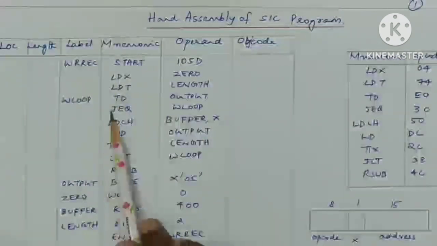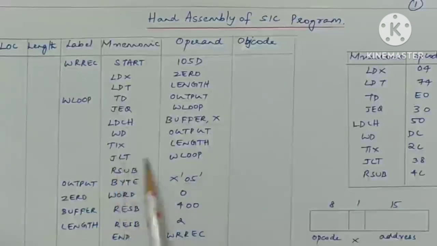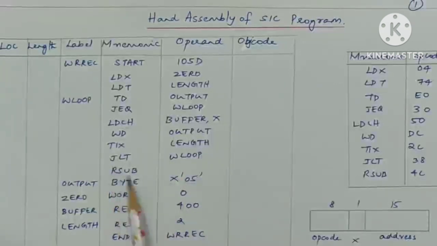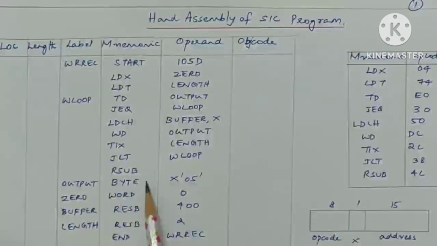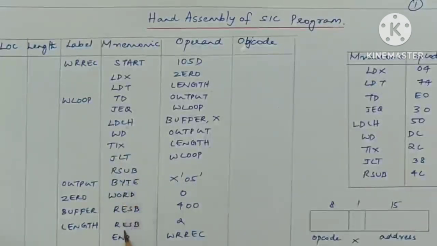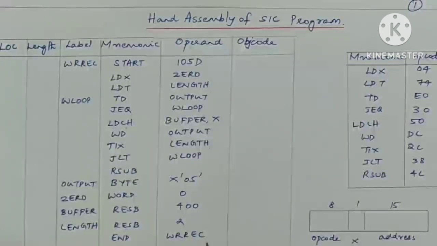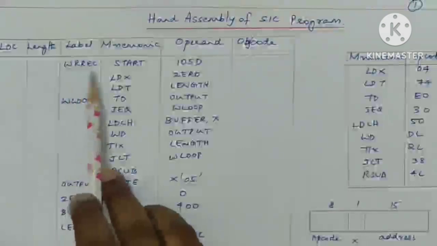This runs for one more iteration, where the index value is incremented to 2, and when compared with length, this condition will not be met, and it is RSUB, return from subroutine to wherever it was called. Finally, all these are the declarations, and the assembly language ends with the END instruction. The END instruction contains the first executable assembly language code, which starts from WREC.